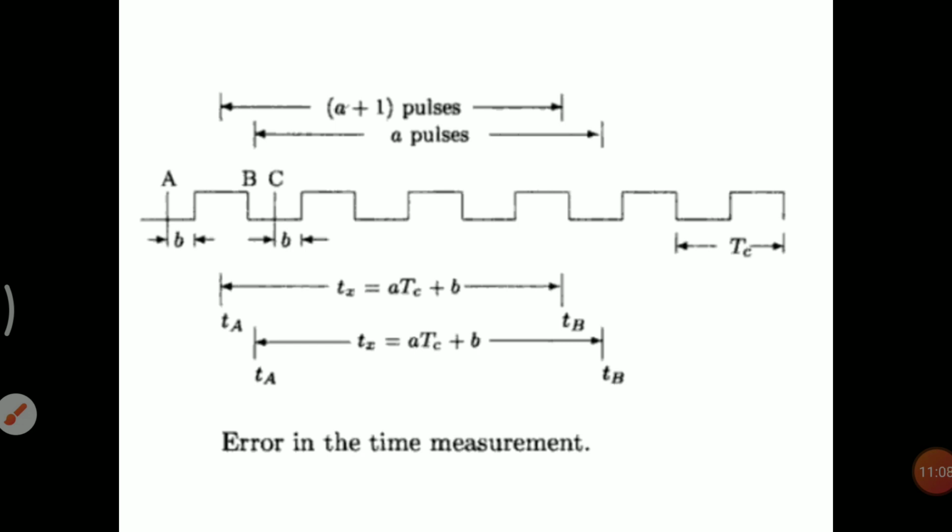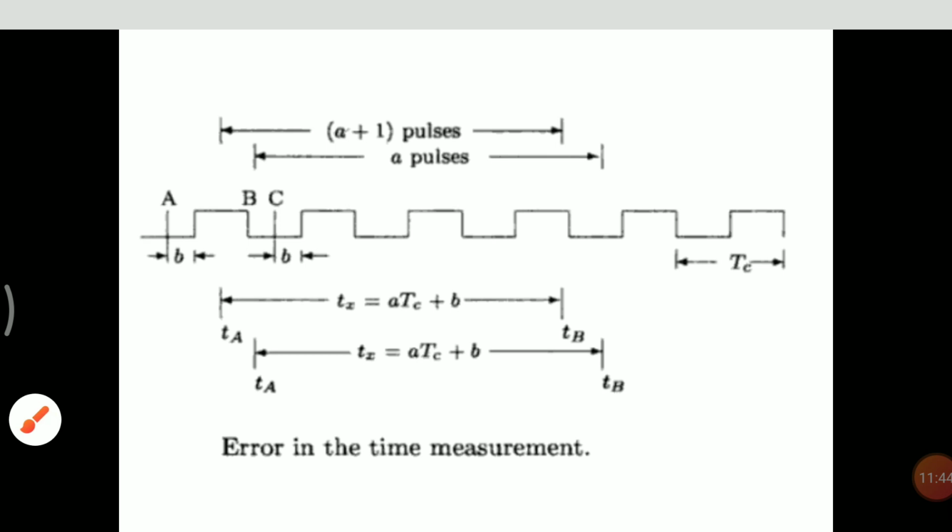Now this is the waveform, and you will get a basic idea how to measure the error at the different events. So here in this circuit, two conditions are considered. We know that the AND gate is activated when the two inputs are given. The first input is Tx, that is the time interval of two events, and the second input is the clock frequency.